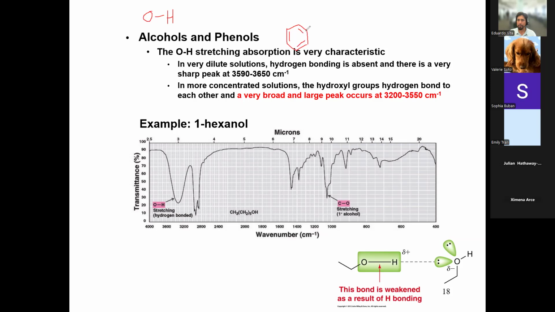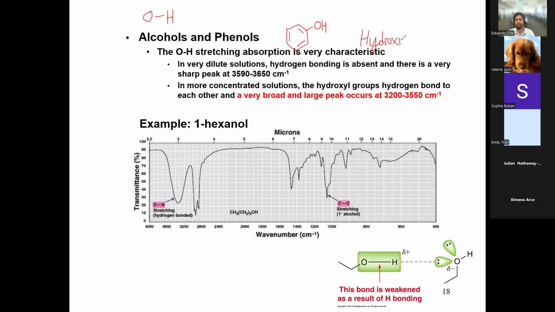Not exactly. When you say the word phenol, you are telling me that this is connected to an aromatic ring. When you say the word alcohol or hydroxide, you're telling me that there is no ring. Okay, phenols are very specific, alcohols are very specific. Both of these could be called hydroxide. That is its actual name, hydroxide.